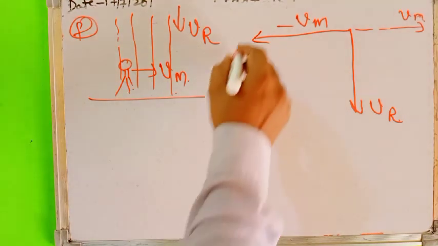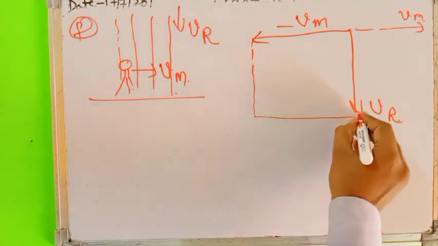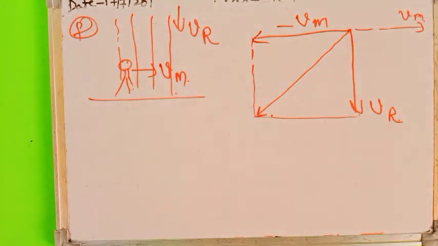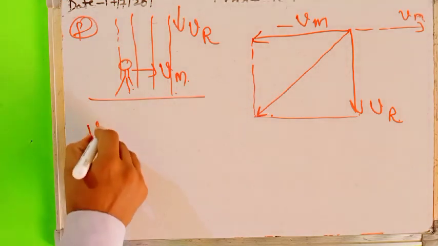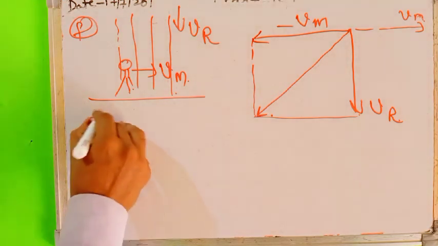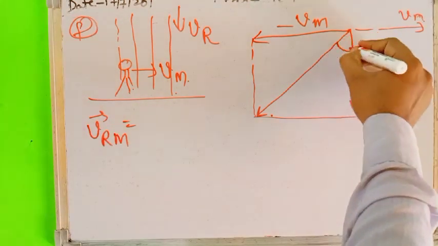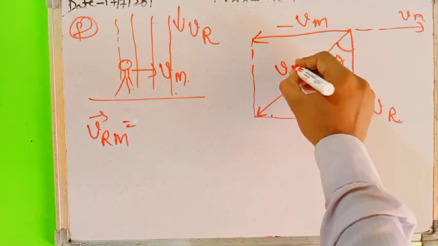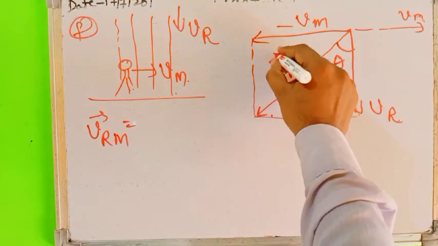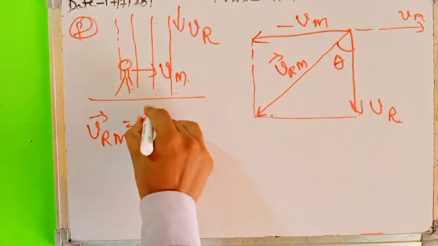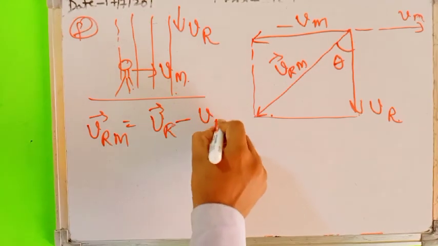From the parallelogram law of vector addition, which we will study in a later section, the resultant velocity of rain with respect to man, with this angle theta, can be given as Vrm equals Vr minus Vm.